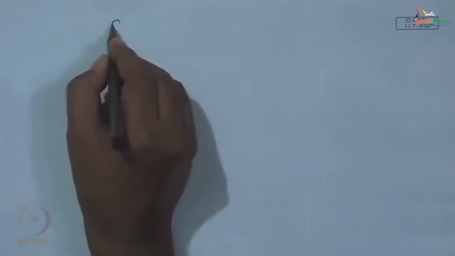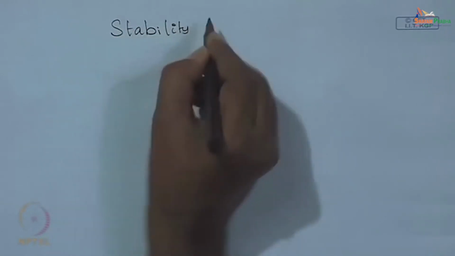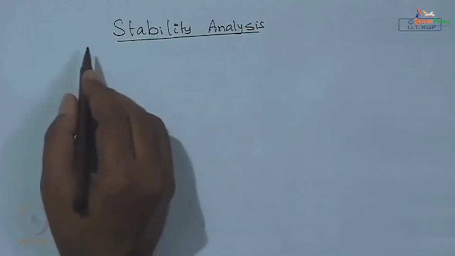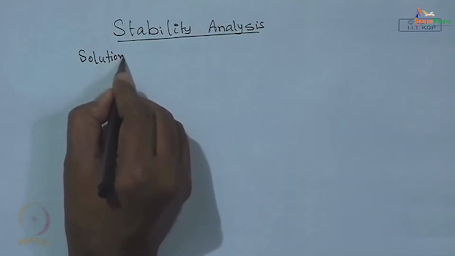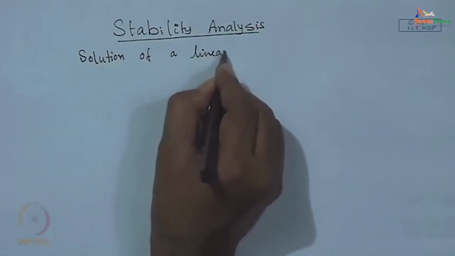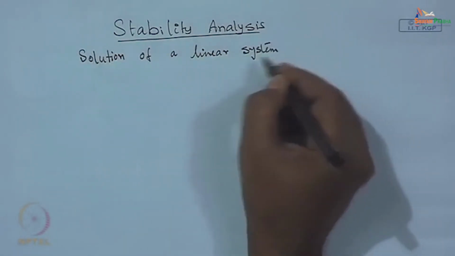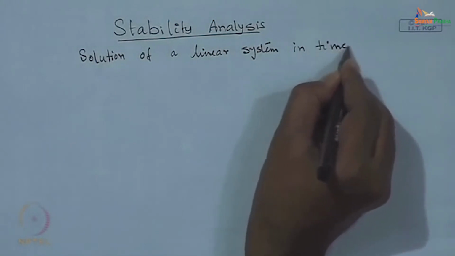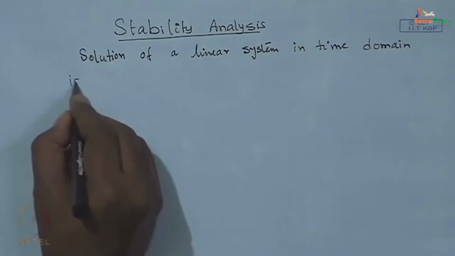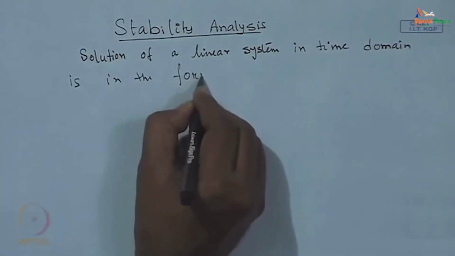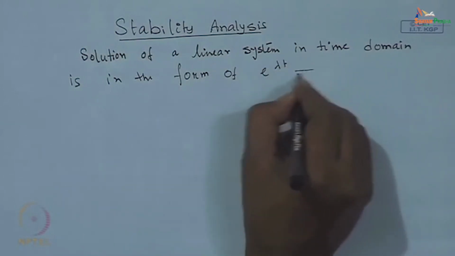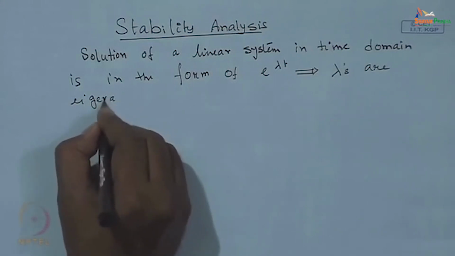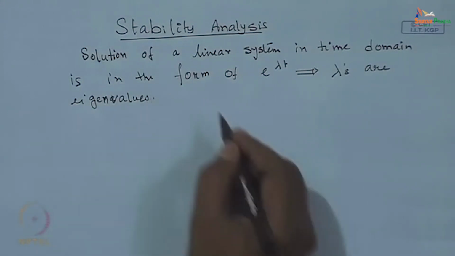Now, if you look into the solution that we have been talking about, the solution of a linear system, even though it is valid for the nonlinear system as well, the solution of a linear system in time domain is in the form of e to the power lambda t, where typically the lambdas are eigenvalues of the relevant problem.